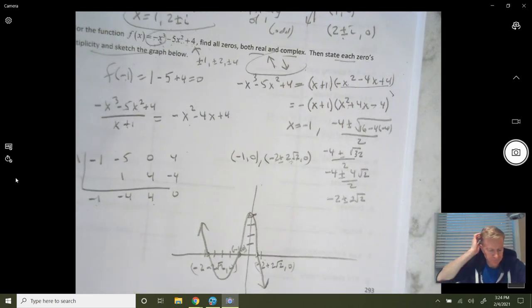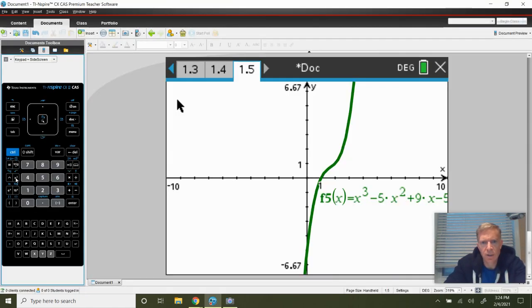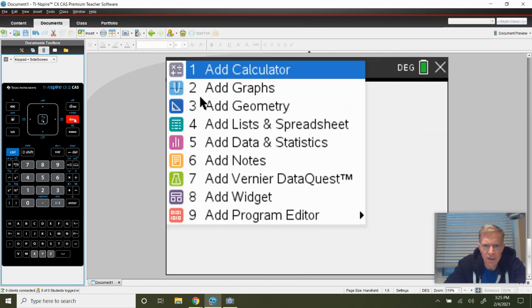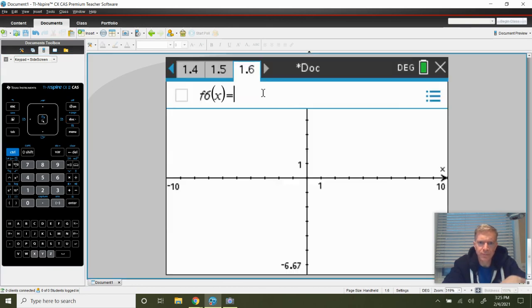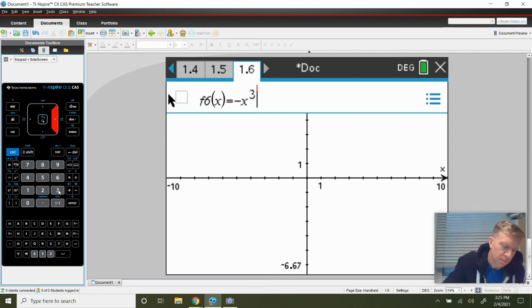Okay. Actually, I'm going to real quick graph this on the calculator just to confirm. I think that's always fun to do. This is kind of a goofy problem. And you've got -x to the third minus 5x squared plus 4.